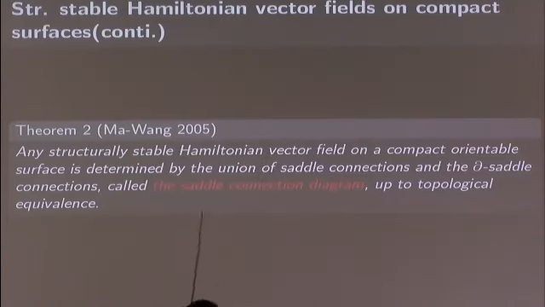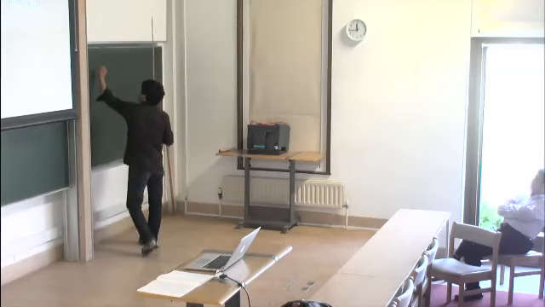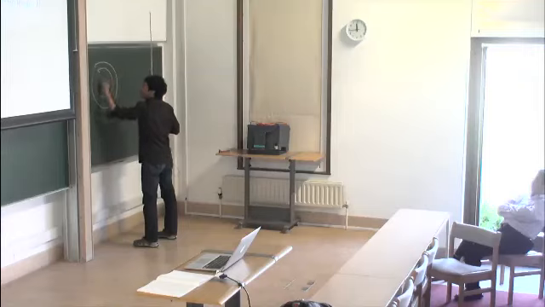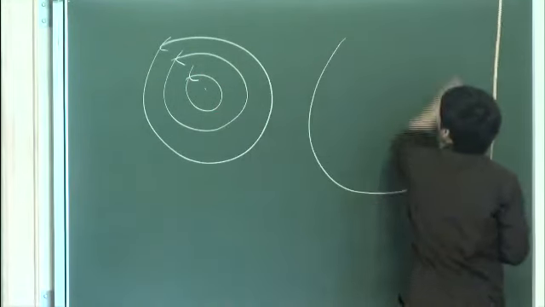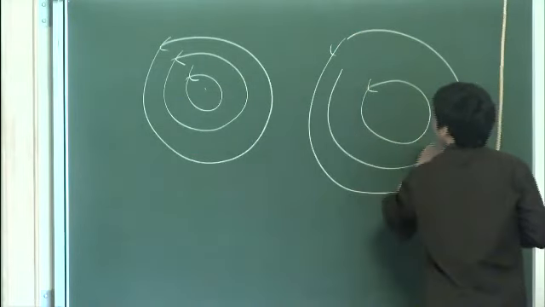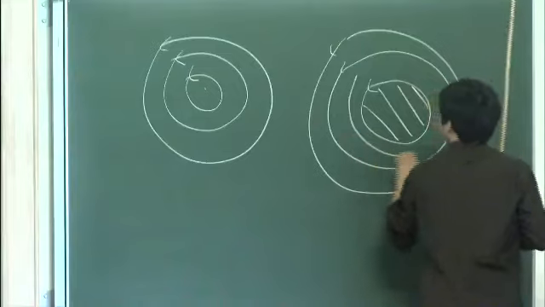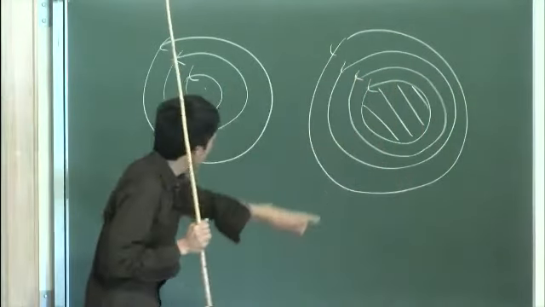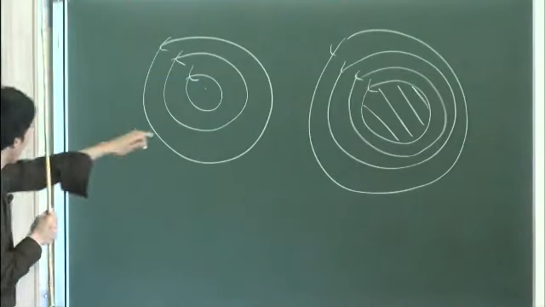Because for a Hamiltonian vector field on a surface, if we consider the complement of the saddle connection diagram, its components are just center disks or annuli filled up with periodic orbits. Just the complement consists of center disks or annuli filled up with periodic orbits.